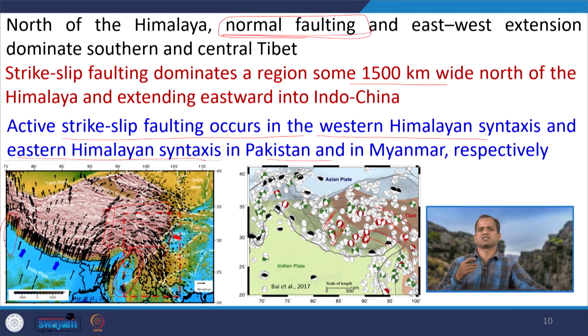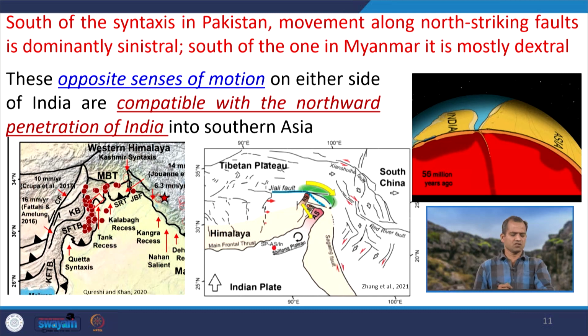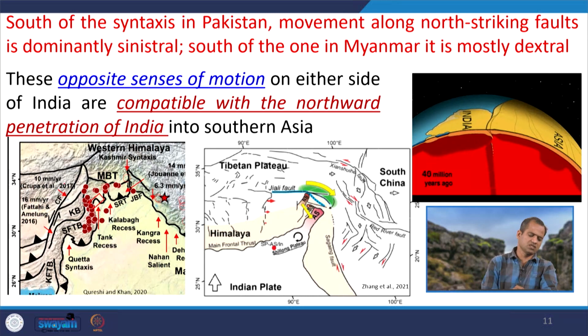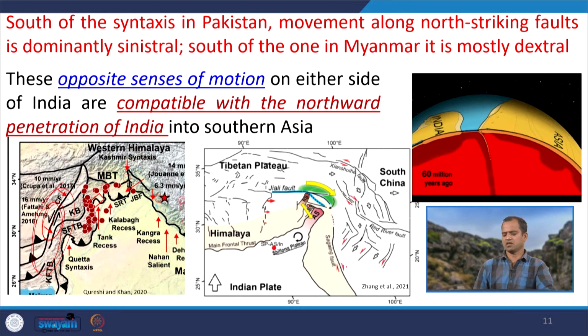Both syntaxes record this strike slip motion, and these are crustal scale strike slip faults. In the geological map you can see that in the western syntaxis the strike slip faulting dominates, and mostly it is a sinistral strike slip fault. However, at the eastern syntaxis in Myanmar you can record a dextral strike slip fault.